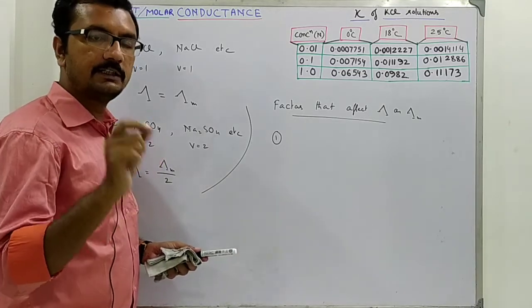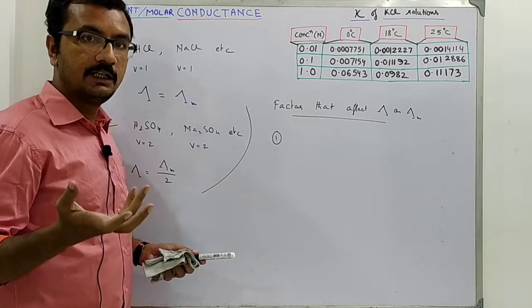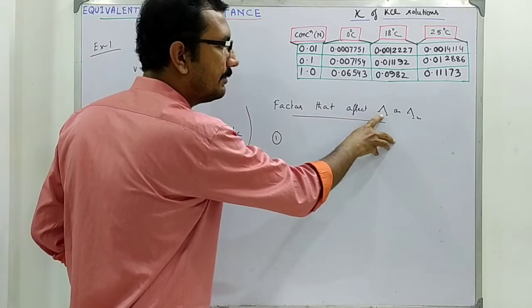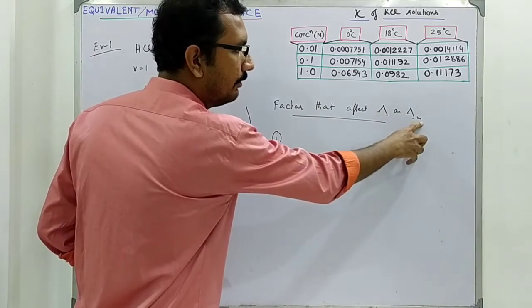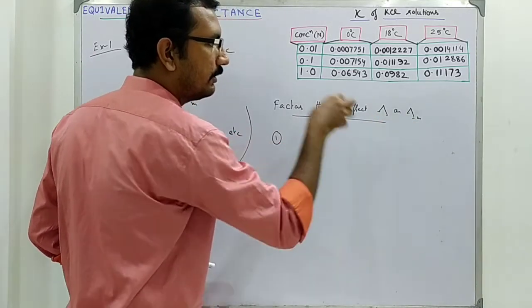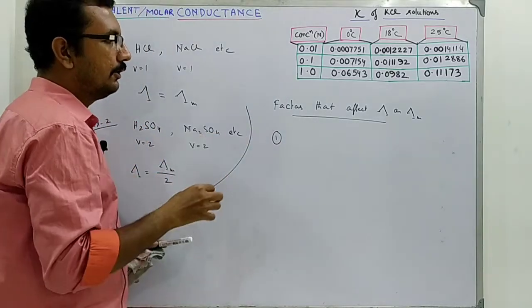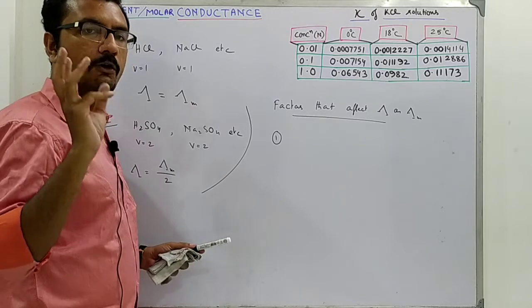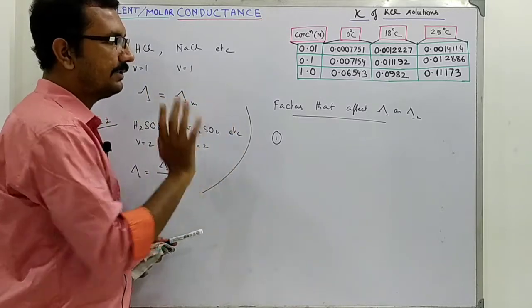What was the fourth point? That is, it depends on concentration. The concentration term is built within. Here it is gram equivalent, here it is mole. So, the concentration term is built within. So, excluding point 4 in the previous lecture, all the first 3 points will appear here.